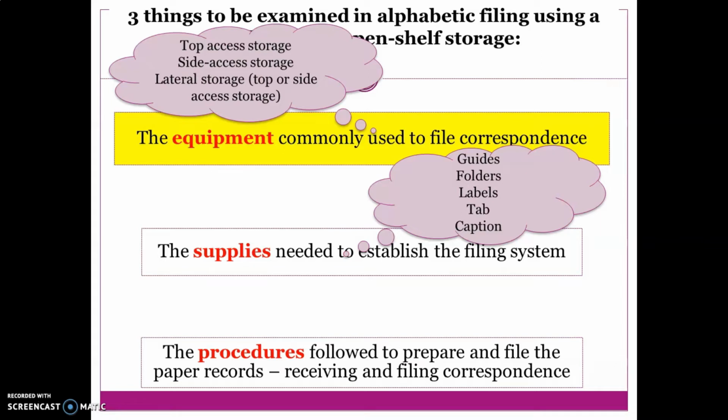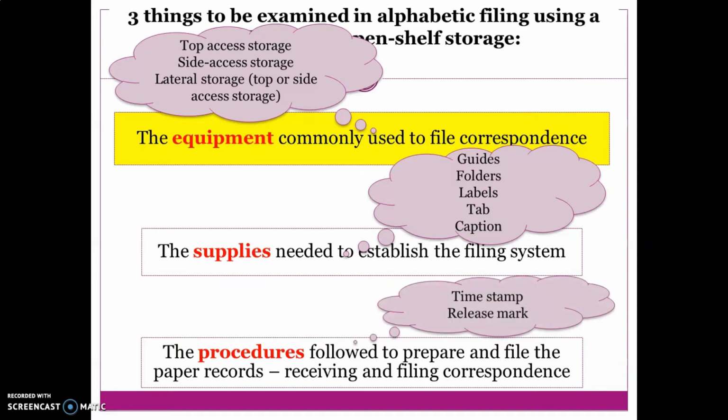We need to have the guides, and beside that, the folders, the labels on the folder, and also the storage label. We also need the tab in order to place the label, and on the label itself we will write the caption. Afterwards, you are going to learn about each of them.